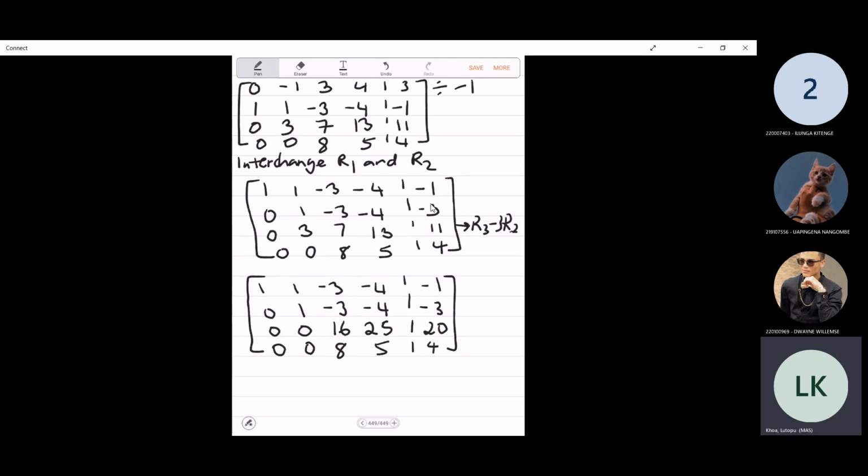Okay, so here, what can we do? We can say row 3 minus 2 times row 4.